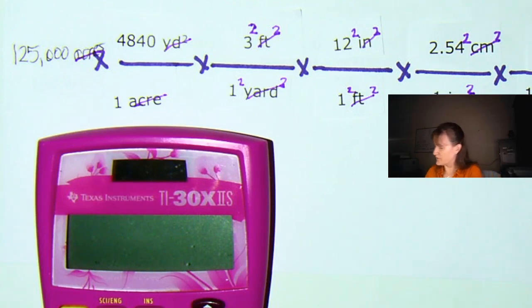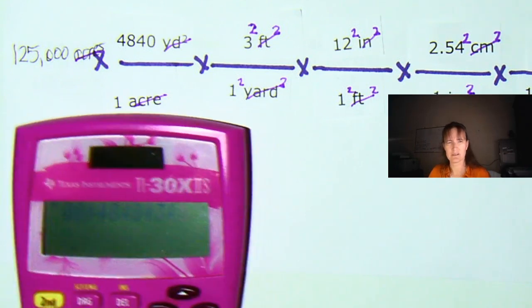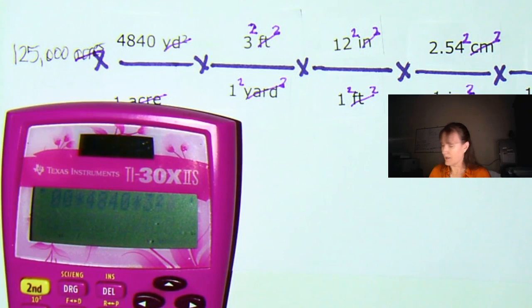So we have 125,000 times 4,840, and then we have 3 squared, so we're going to go times 3 squared, and then also on the top is times 12 squared, and then there's a 2.54 squared on top.